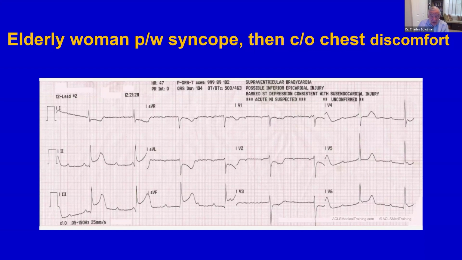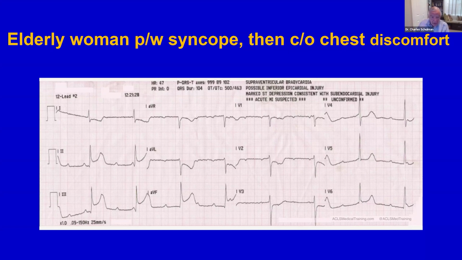So the atrial rate is actually a tachycardia. 300, 150. It's a sinus tachycardia. A little less than 150 beats per minute in the atrium, and the ventricle is going at 47 beats per minute, and the P waves have no relationship to the QRSs. So this is third degree AV block.